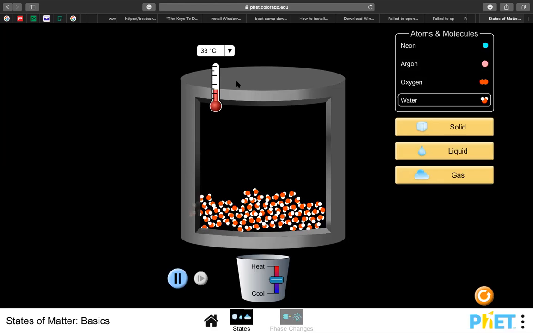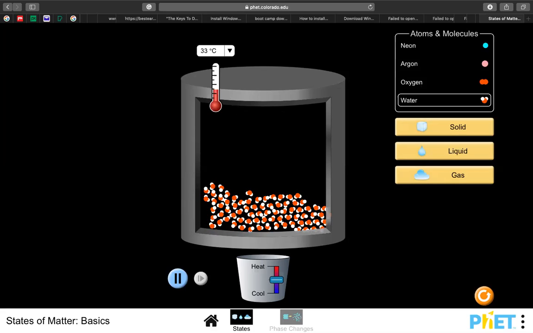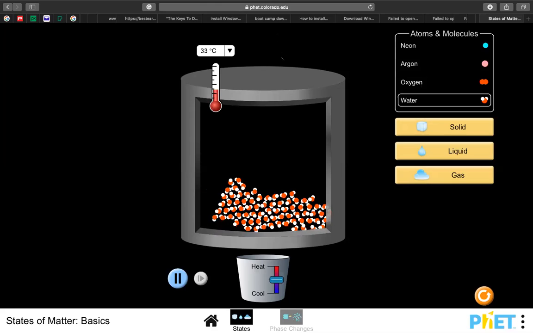So the specific heat capacity is the ability of the object to hold energy, and it is a measure of how much heat it requires for an object to raise its temperature. That's essentially what we want to accomplish for that experiment.